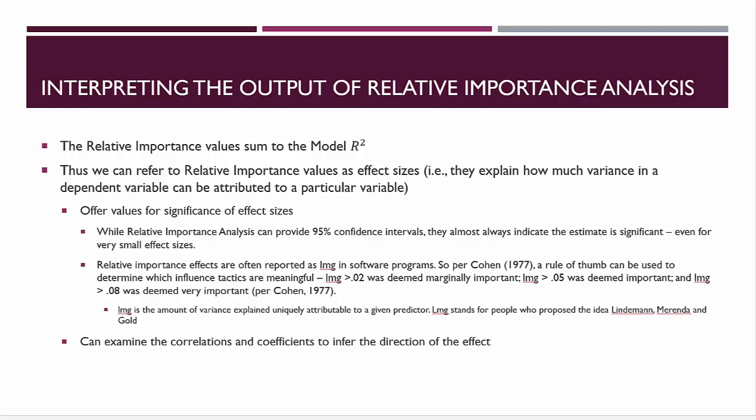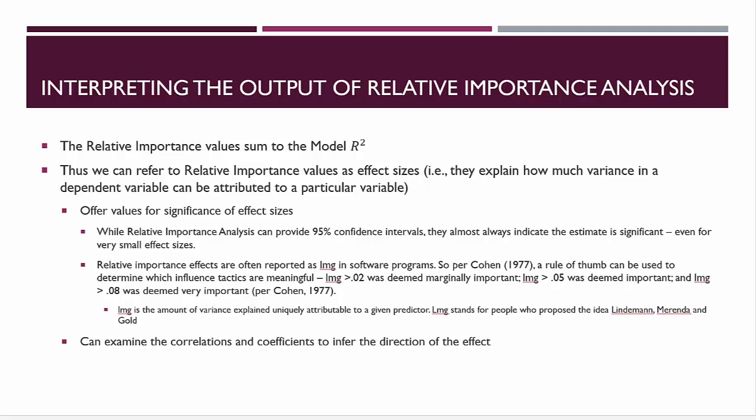That effect, that relative importance value, is often going to be specified as being an LMG in software programs. And that's because Lindeman, Merenda, and Gold came up with some of these ideas. We can determine what effects are meaningful by applying Cohen's criteria regarding effect sizes.